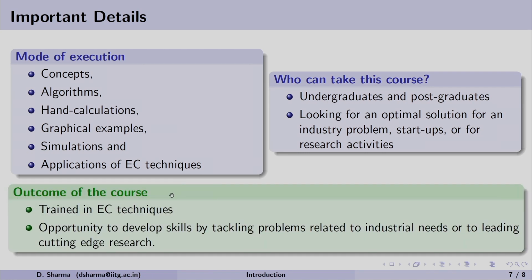The outcome of this course is that the participants will be trained in the EC techniques. They will get the opportunity to develop skills by tackling problems related to industrial needs or to leading edge research.